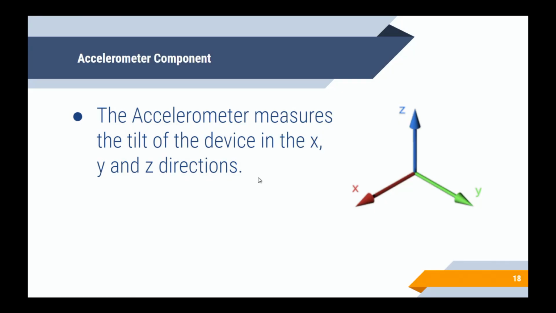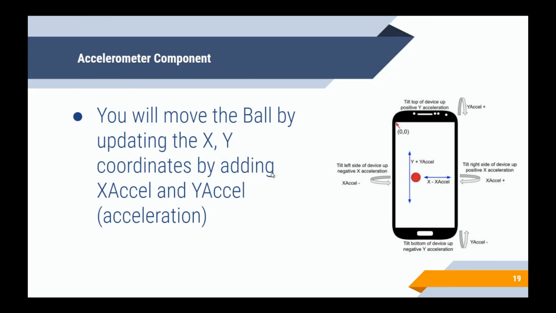Now, the accelerometer measures the tilt of the device in the X, Y, and Z directions. You're going to move the ball by updating the X and Y coordinates by adding the XAccel and YAccel. If you tilt the device up, you're going to have a positive Y acceleration. If you tilt the device to the left, you're going to have a negative X acceleration.